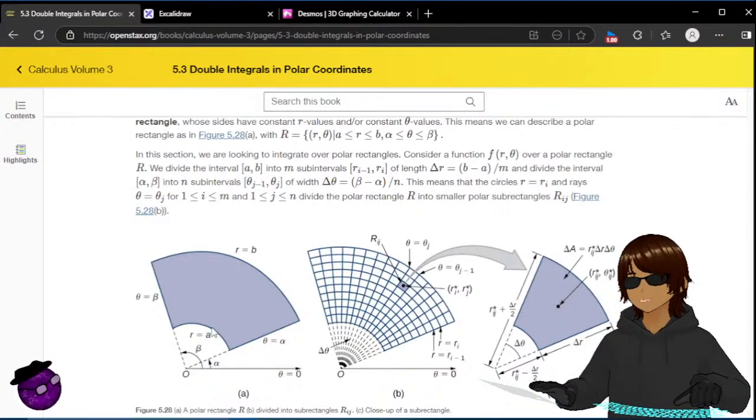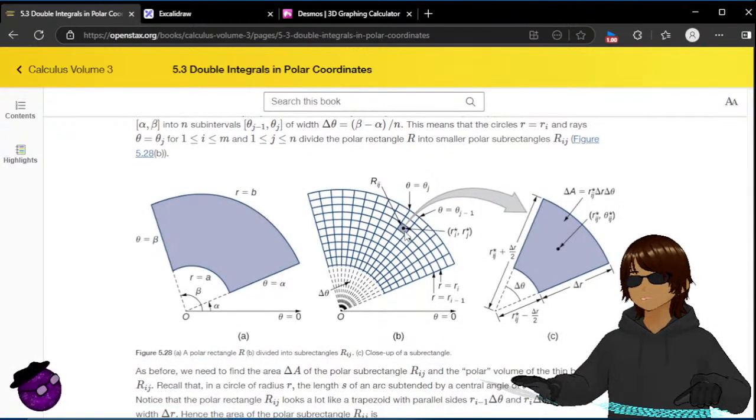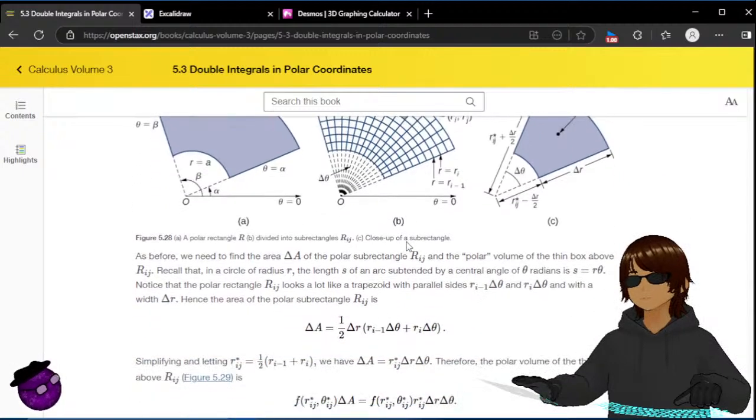So r is between a and b and theta is between alpha and beta. And then we are dividing this into small regions.